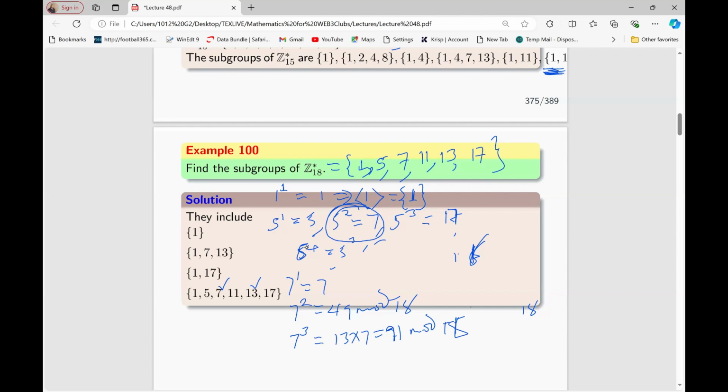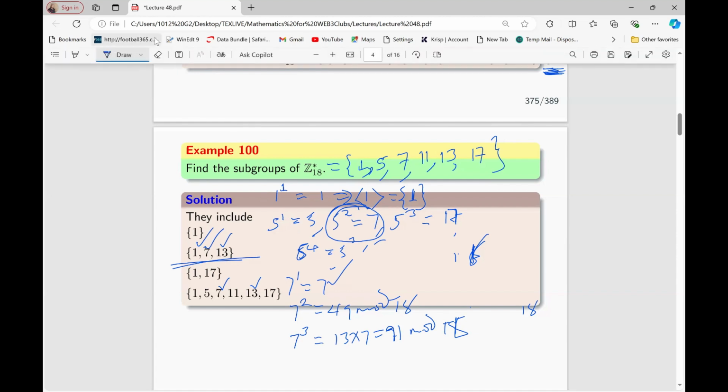Hmm? 1. Oh, it gave us 13. It gave us 7. Now it has given us 1. So it's generating that one, not the last one. So 7 generates the second.